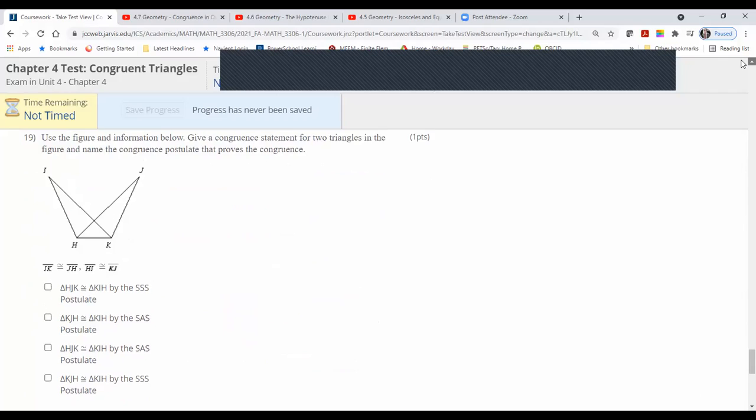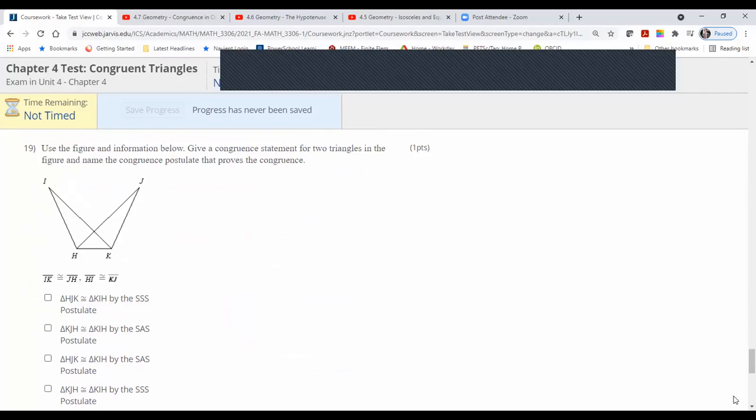Because we run out of time now. Okay, sorry. Yeah, this is IK, GS congruent, and then this is congruent. Okay. So automatically this one is congruent. Okay, so you have side, side, side.